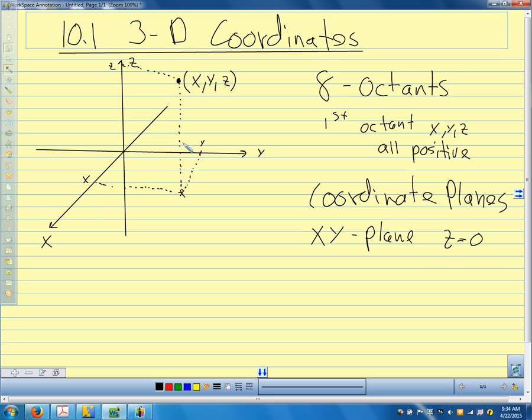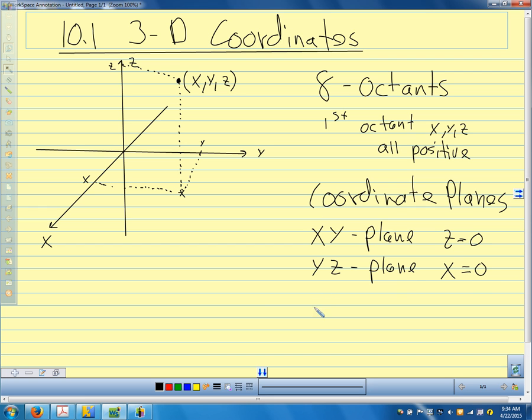So that takes us down here onto this flat xy plane. We also have the yz plane. That's this vertical plane here, kind of standing upright there. On the yz plane, x equals 0.